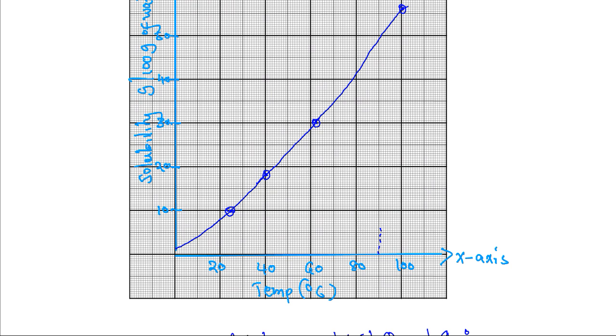So this is 90 degrees Celsius, where we have that straight line, and then against this side, that gives a solubility of around 48.